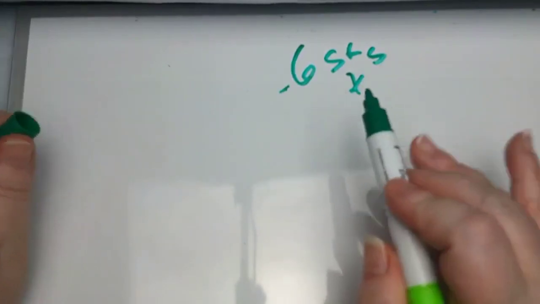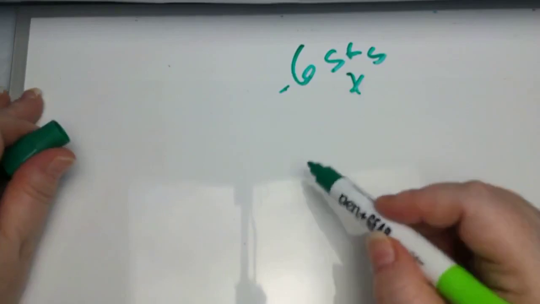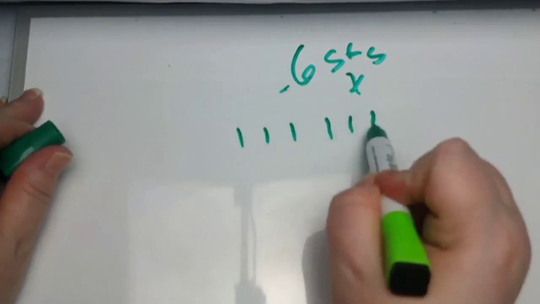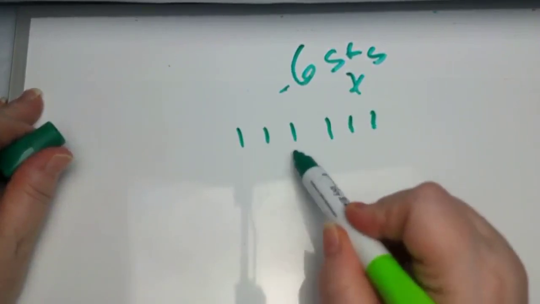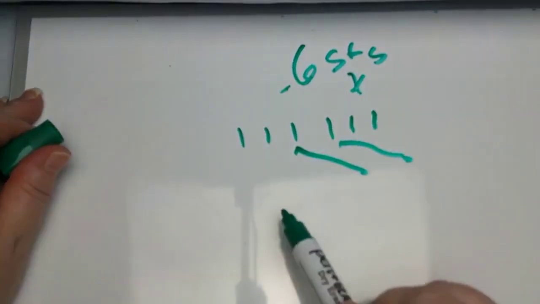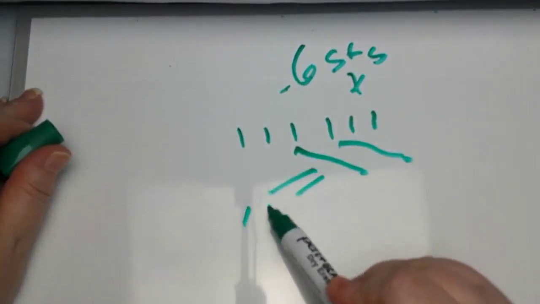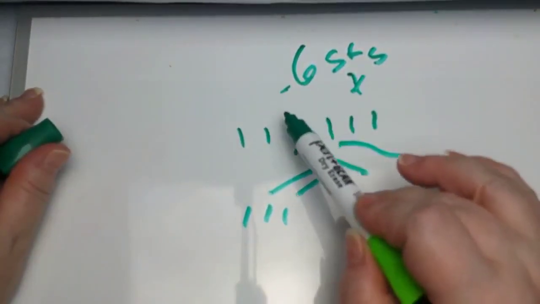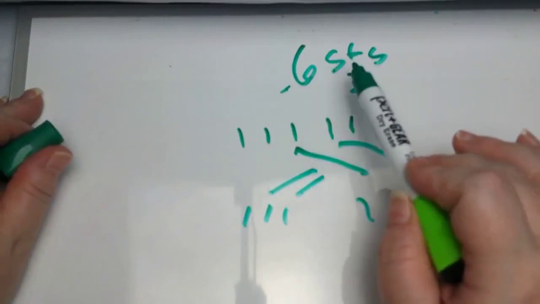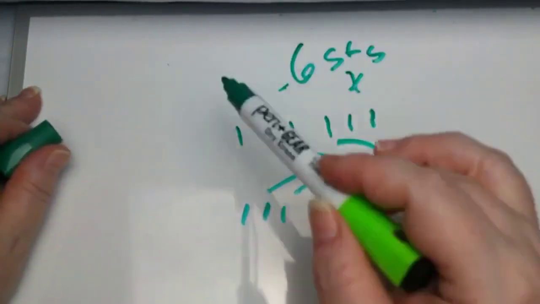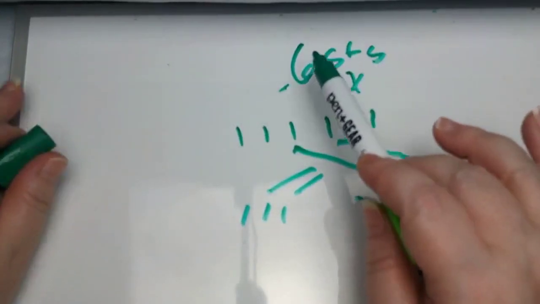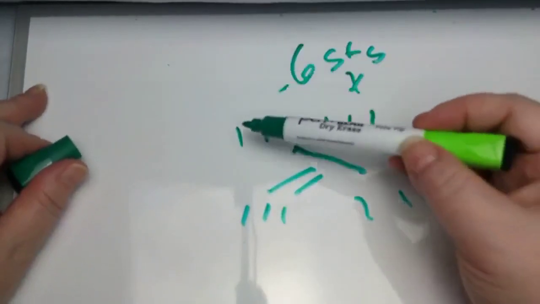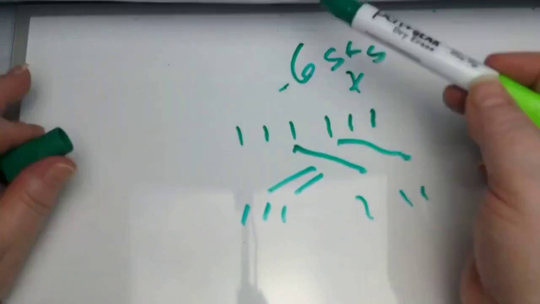Unless it says otherwise, a good rule of thumb is that if it's 6 stitches across your cable, and then it crosses here, and then it's another 6 stitches, you want to make sure that you go 6 rows after you cross before you cross again. If it was 8 stitches or 12 stitches, however many stitches are in your cable, you need to go at least that many rows before you twist again.